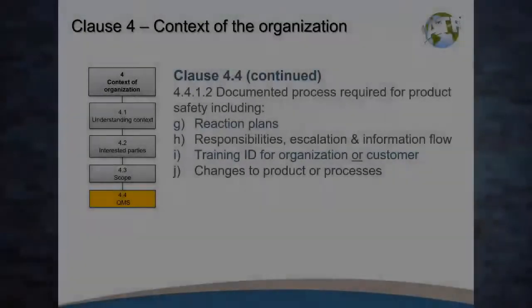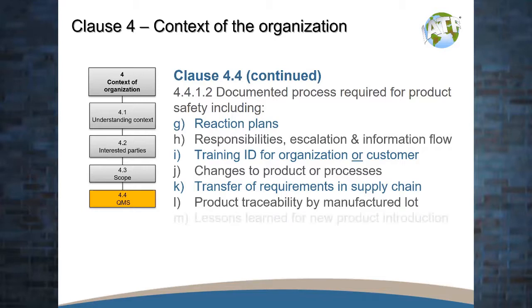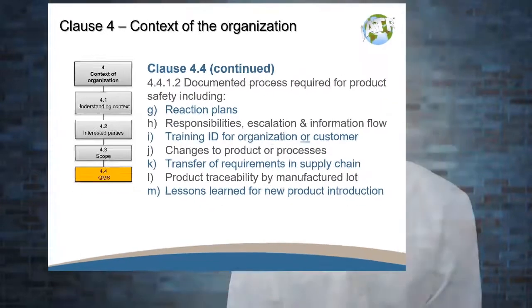That might impact product safety, transfer of requirements, let's say from one supplier to the next, or from your operation to an outside service provider, product traceability by manufactured lot, so being able to decipher one lot from the next and quarantine any issues that might be related to product safety recalls, lessons learned from new product introduction.